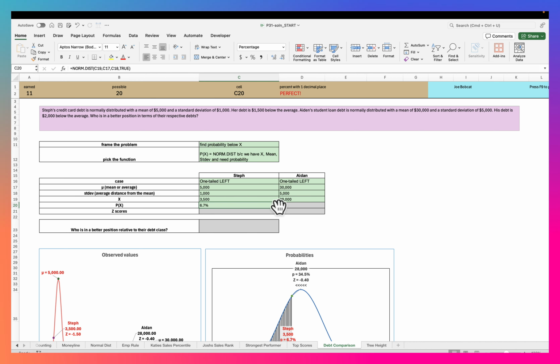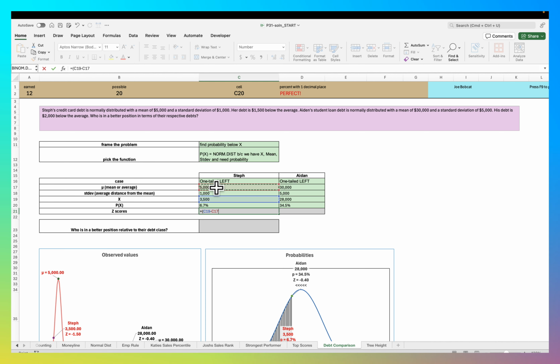That's going to be the same over here. And then the z-score is equal to x minus the mean divided by standard deviation.